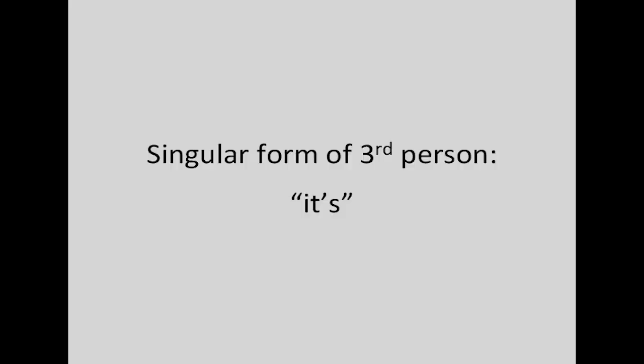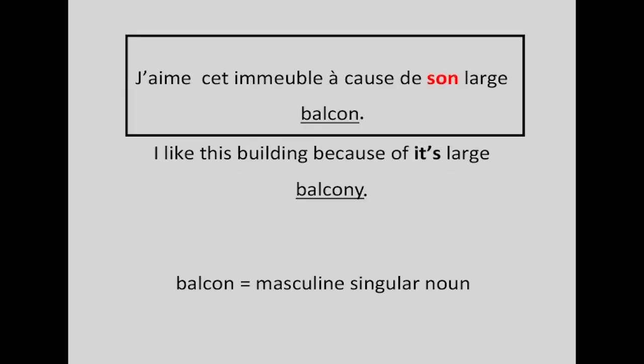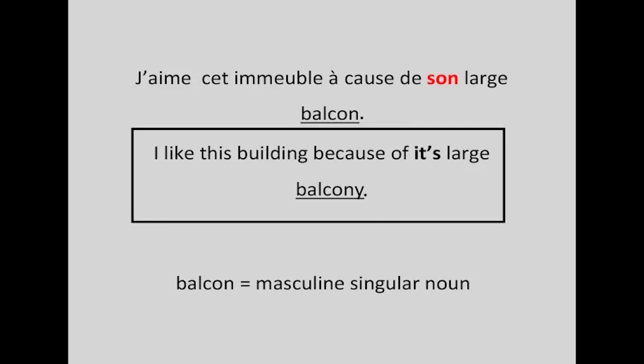Now let me show you a sentence which, when translated into English, uses the possessive adjective its. Let's consider this sentence. J'aime cet immeuble à cause de son large balcon. This sentence translates as I like this building because of its large balcony. Since all inanimate objects are neutral in English, one uses the possessive adjective its to indicate that the balcony belongs to the building.